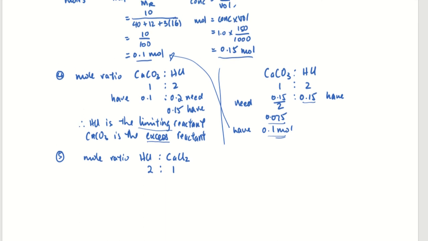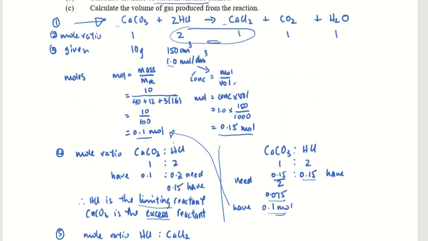Okay, now we remember that we have calculated the number of moles of hydrochloric acid, and we remember that hydrochloric acid is also the limiting reactant, which means all of the HCl is used up in the reaction.